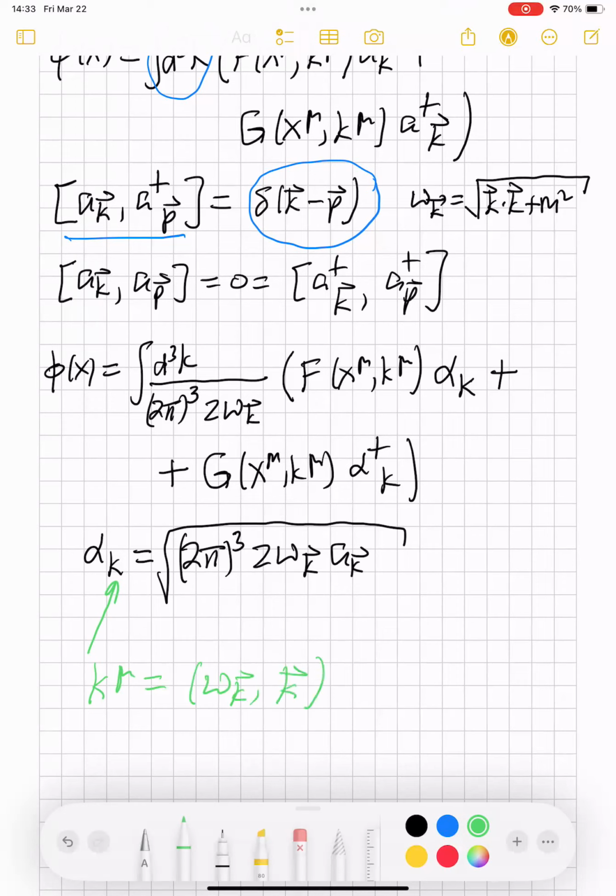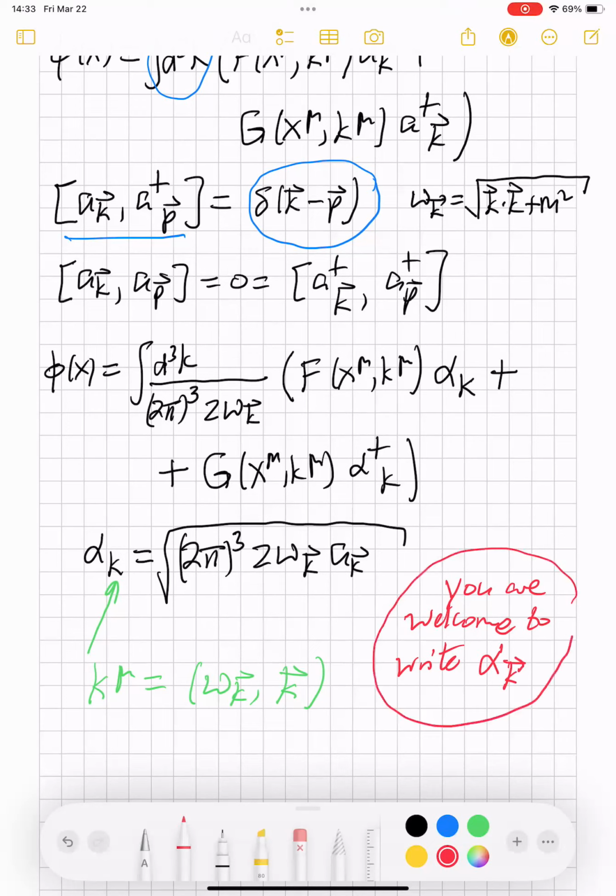If you like, you are welcome to write alpha with a 3 vector label. Okay, you're welcome to write it like that. It's just notation, just so long as we know we're talking about the same thing. Okay, we'll continue in a moment.